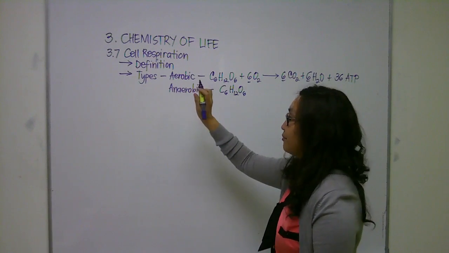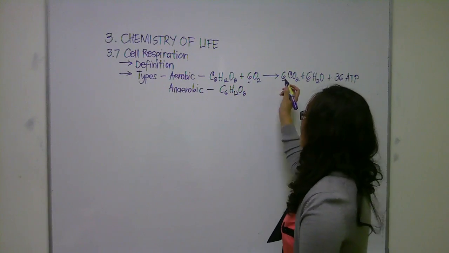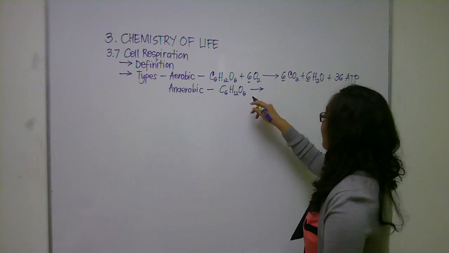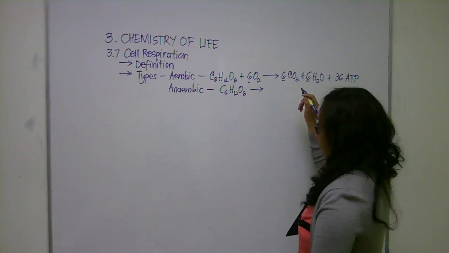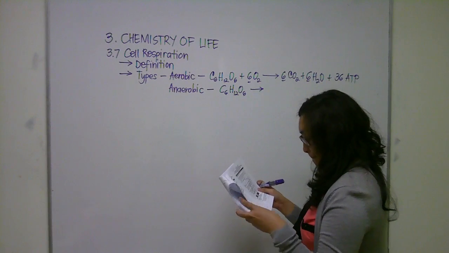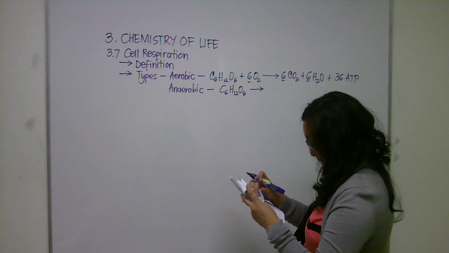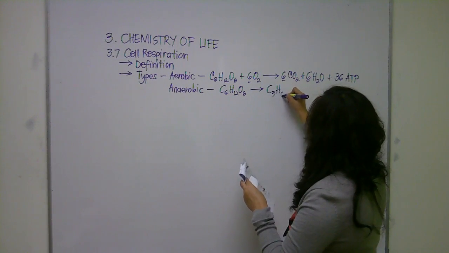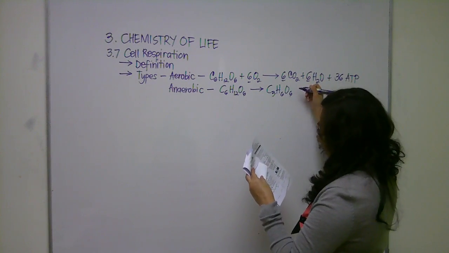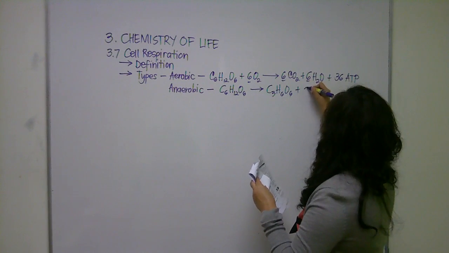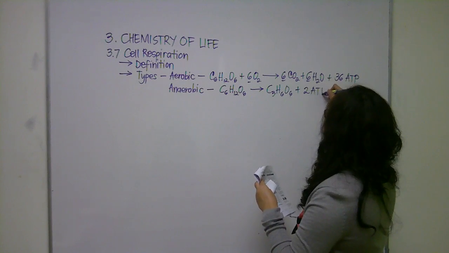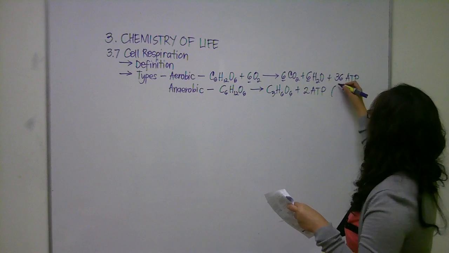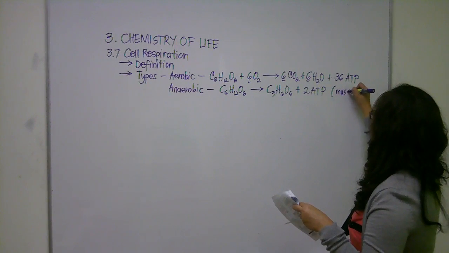Of course, anaerobic respiration occurs in the absence of oxygen, so there's no oxygen there, but it produces lactic acid and 2 molecules of ATP. So this is occurring in muscle cells.